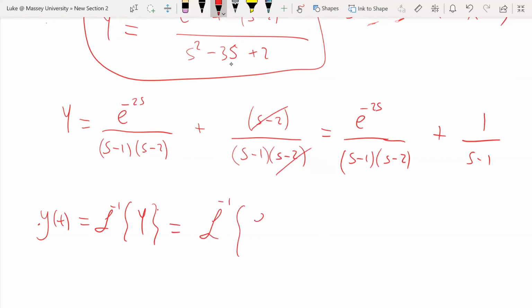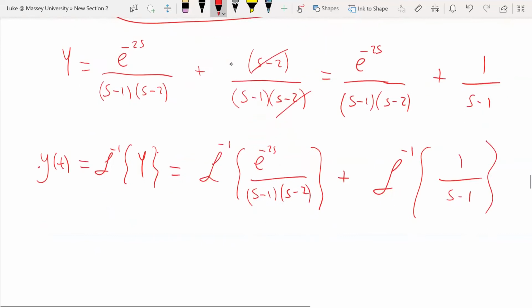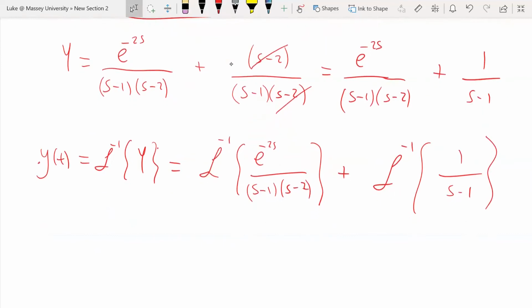Let's write this down. E to the minus 2s over s minus 1, s minus 2, plus the inverse Laplace transform of 1 over s minus 1. The second term here is just going to be an exponential of t.